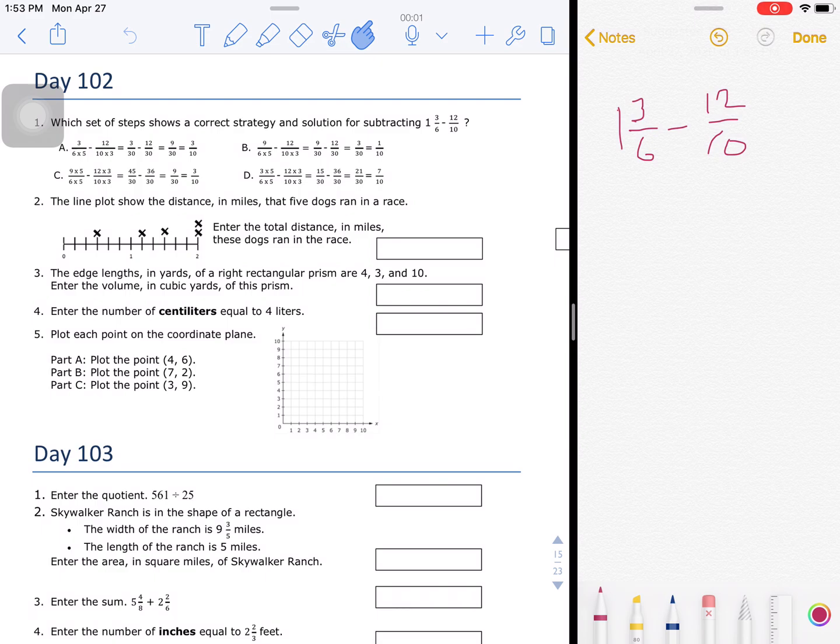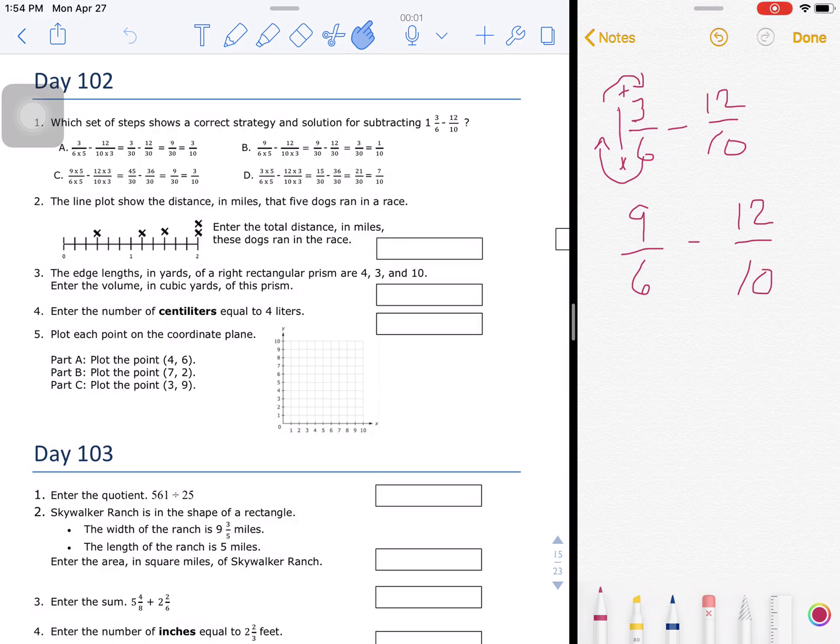So as I look at all of my answer choices, I can eliminate some things right off the bat. I see that the first fraction is 1 3/6. If I change that to an improper fraction, I would multiply 6 times 1 and add 3 to get 9/6. So I have 9/6 minus 12/10.